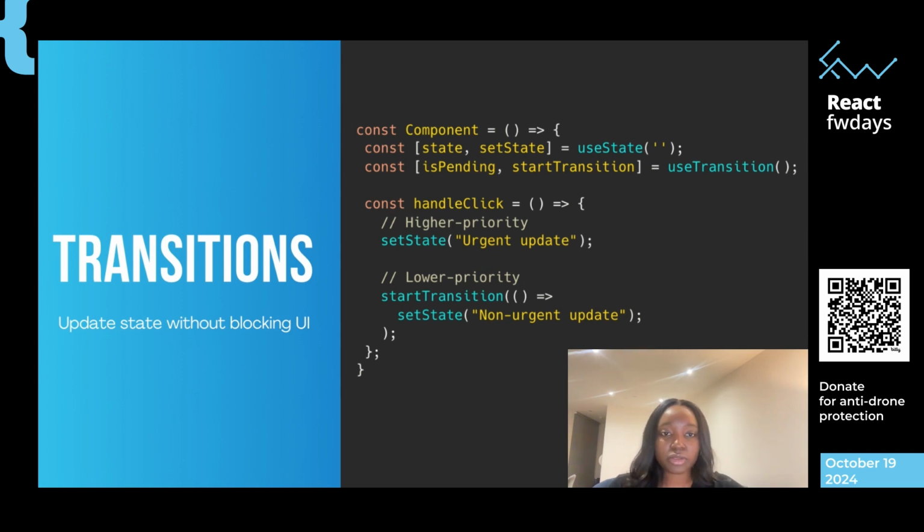React introduced the useTransition hook, and it allows us to assign a priority to updates. So we can prioritize critical updates and deprioritize non-critical ones. And so we can see here in this example, the useTransition hook returns two things. It returns an isPending flag, which is true or false, and then a startTransition method, which we then use to wrap a low priority update.